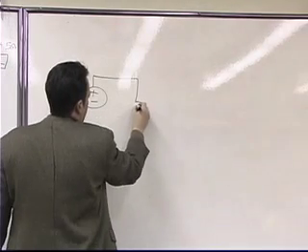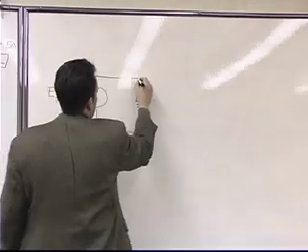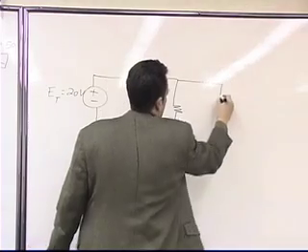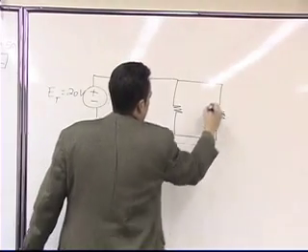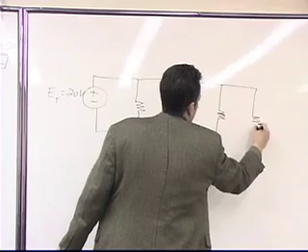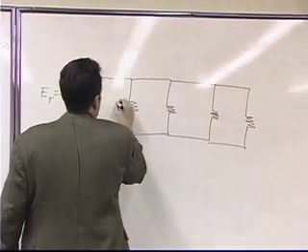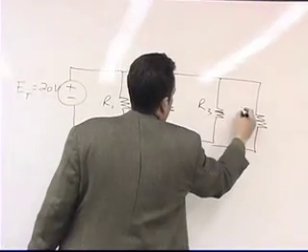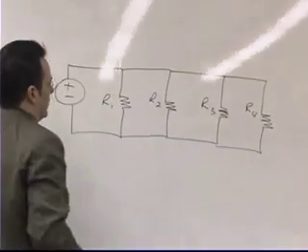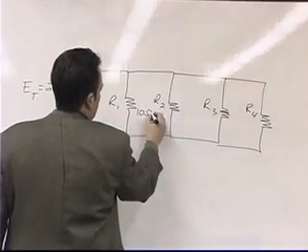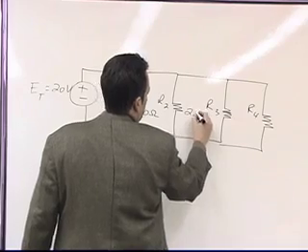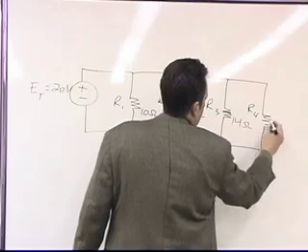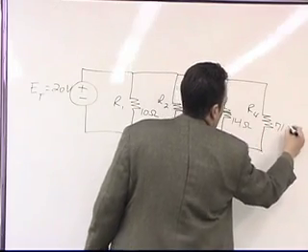And let's say that I had 1, 2, 3, 4 resistors. Here's our 1, here's our 2, here's our 3, here's our 4. This guy is 10 ohms. This guy is 2 ohms. This guy is 14 ohms. And this guy is 71 ohms.